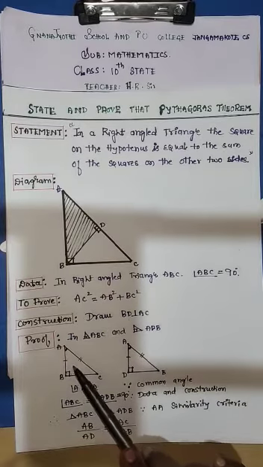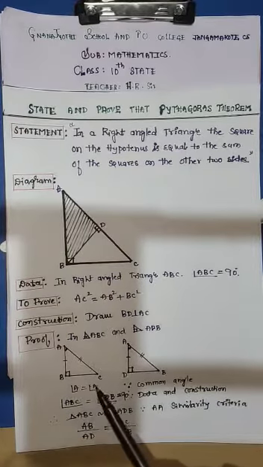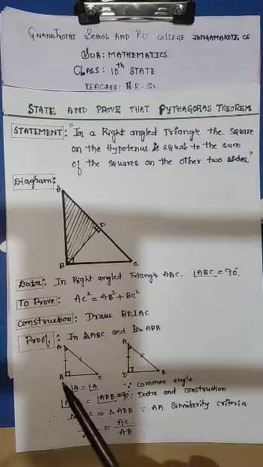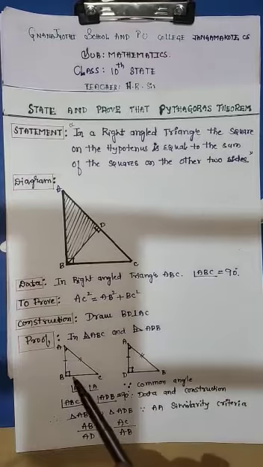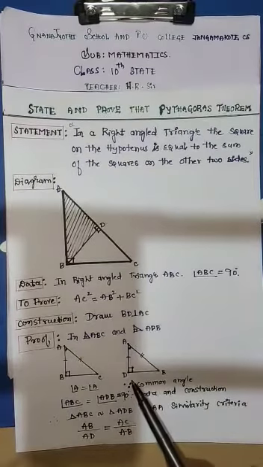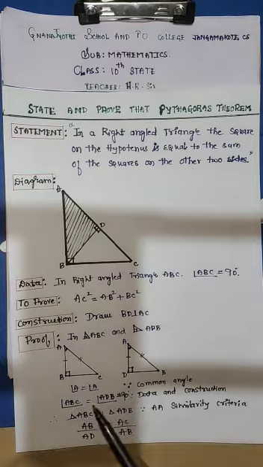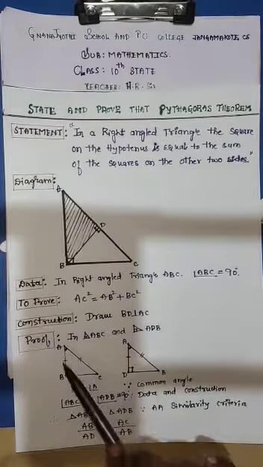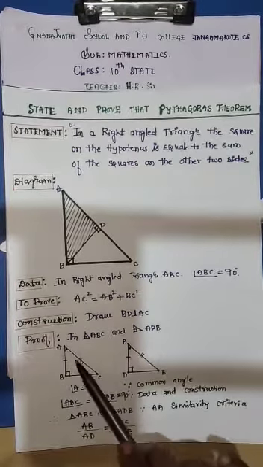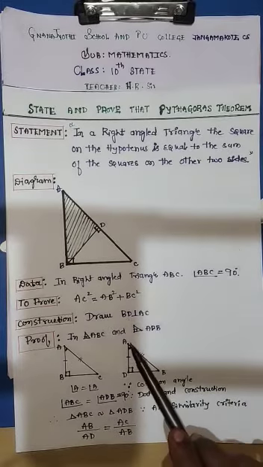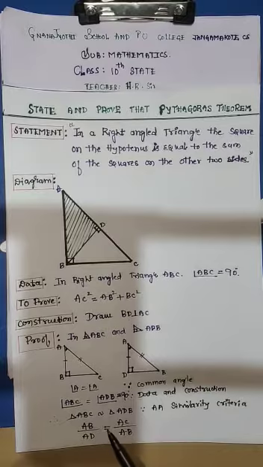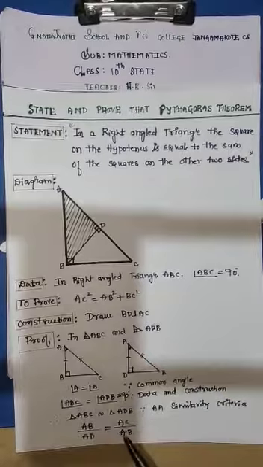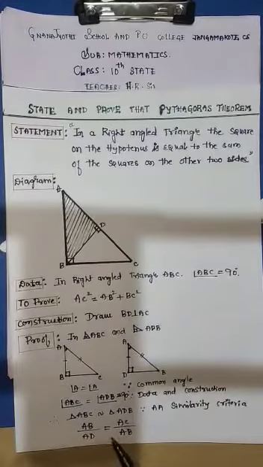I will repeat once again. It is clearly seen that AB corresponds to AD and AC corresponds to AB. By the representation it is clear to all, right? So AB by AD equals AC by AB.